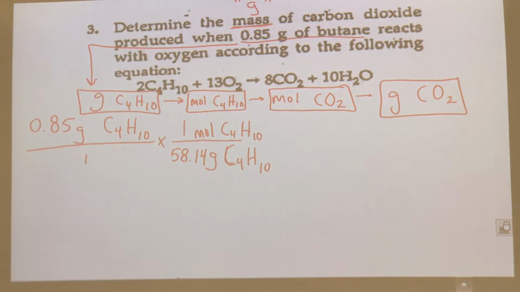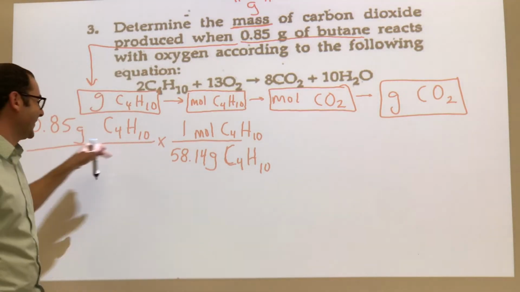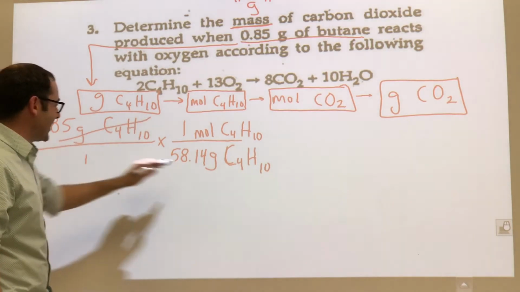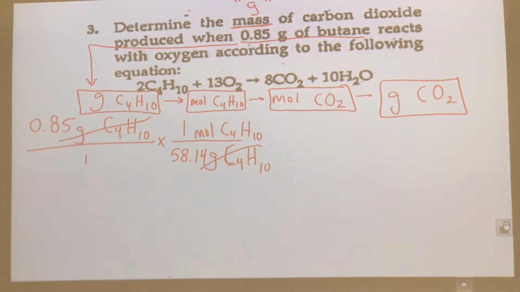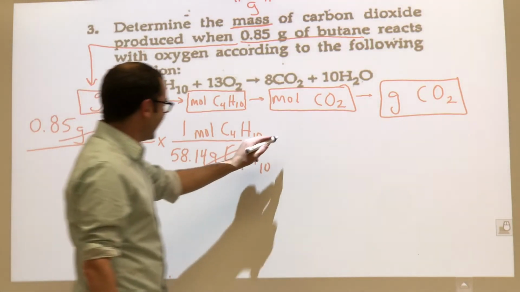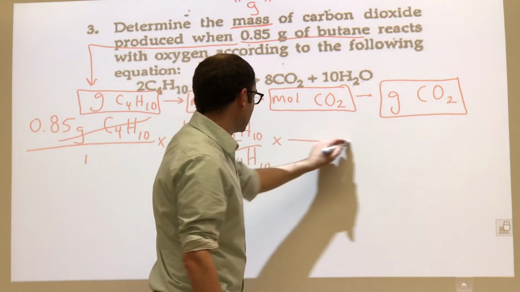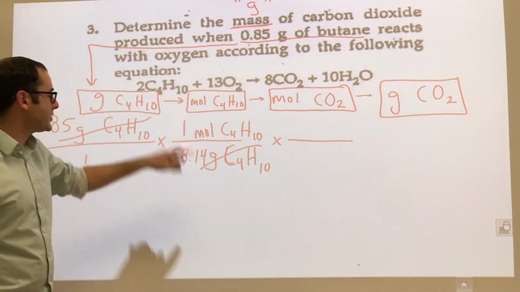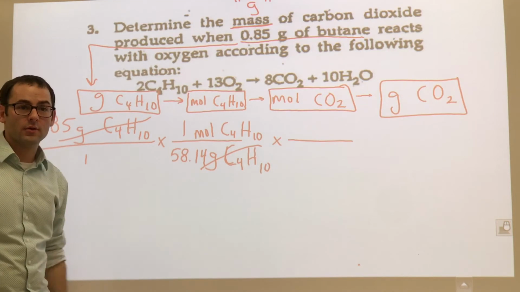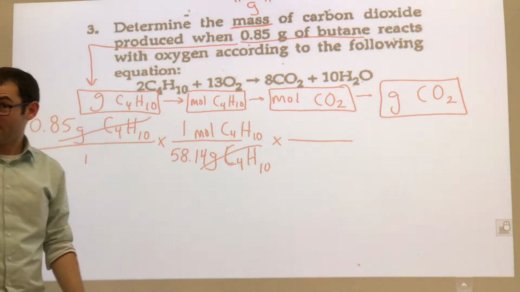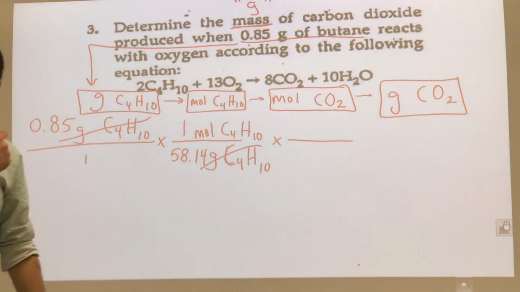All right, so now we have grams cancel out. All right. And now we have moles, right? Hey, here's a weird question. Why is it 1 mole? Remember we were saying before you look at the equation, why is this one only 1 mole though?